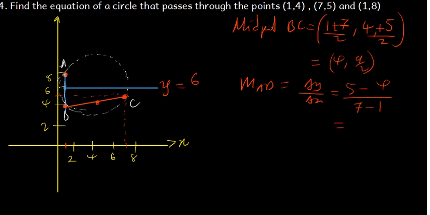So that is giving 5 minus 4 is a 1, 1 over 6. So this is the gradient. So if we want to draw a perpendicular bisector of BC, that is going to pass straight like that.